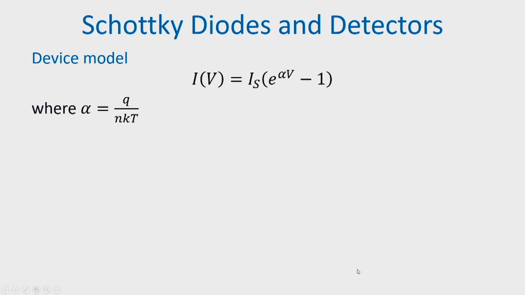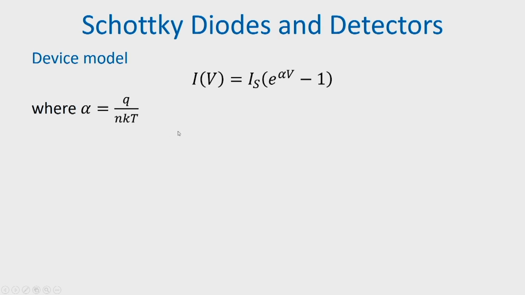N is the ideality factor. For Schottky diodes, it is approximately 1.05. K is the Boltzmann's constant. T is absolute temperature in degree Kelvin, and Q is the electronic charge.